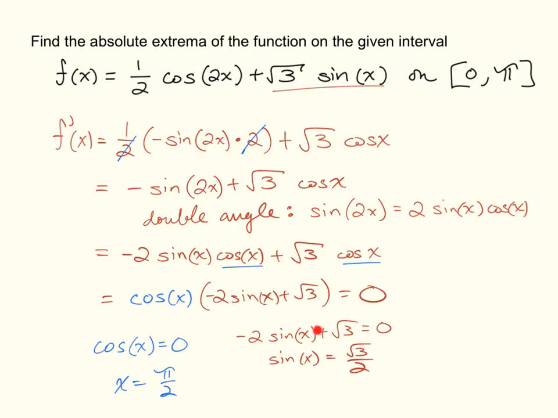When you subtract the square root of 3 to the other side and divide both sides by negative 2, negative divided by negative gives you the positive square root of 3 over 2. When you solve this equation for x, you will get x equals pi over 3 and 2 pi over 3.